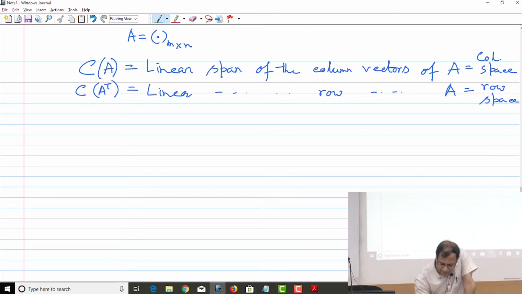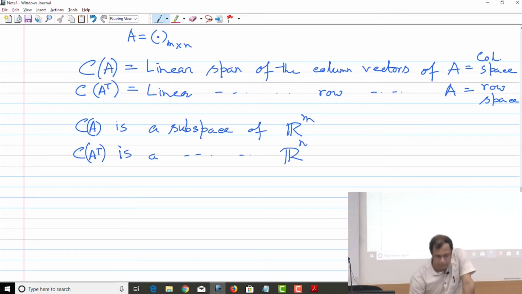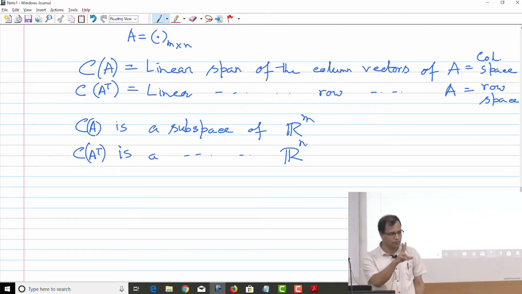So CA is a subspace of Rm. CA transpose is a subspace of Rn. So we have found two subspaces.